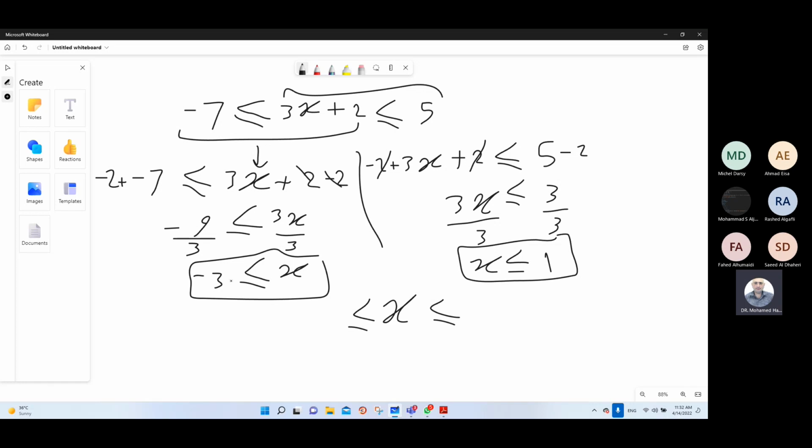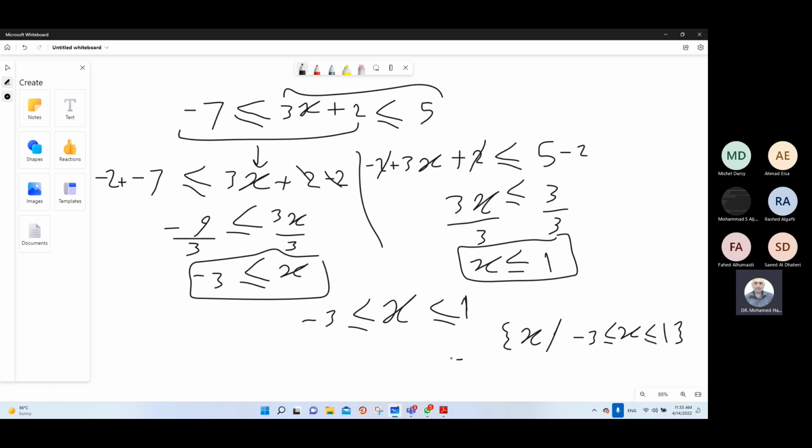X greater than or equal -3 and less than or equal 1. And we can write the set of solution: x such as x greater than or equal -3 and less than or equal 1.